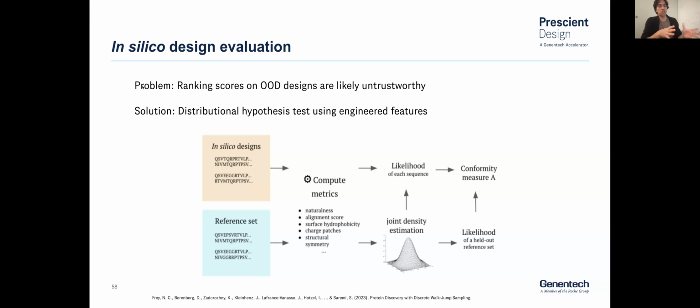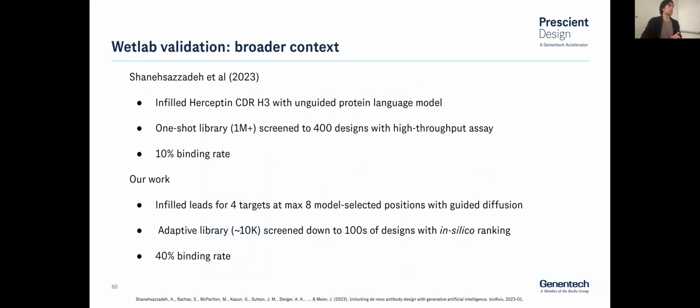It was essentially some engineered features plus a kernel density estimate and a likelihood test. This was intended to further guarantee that we are in the space where our model's utility estimates are meaningful and not just being exploited by the optimization algorithm.